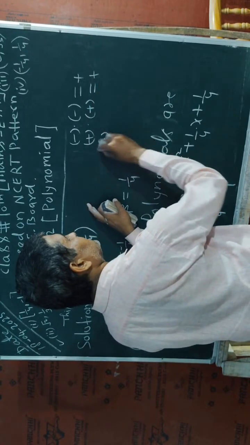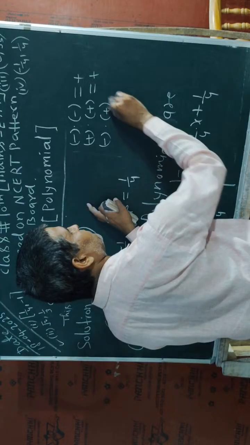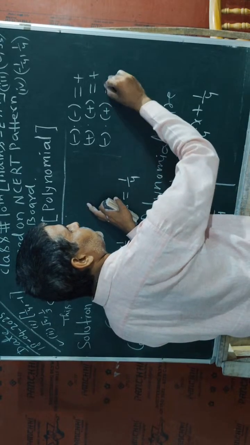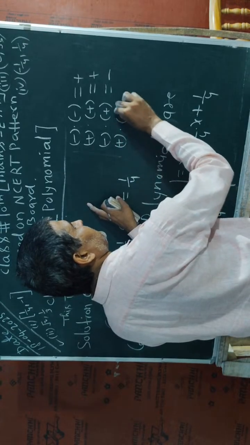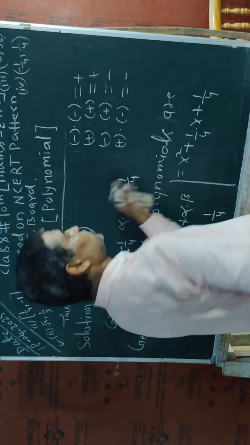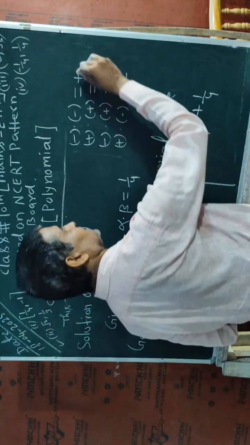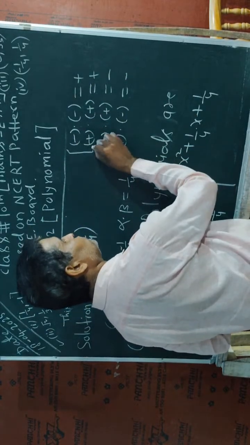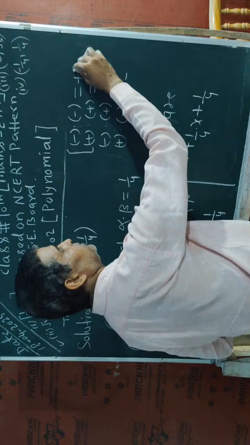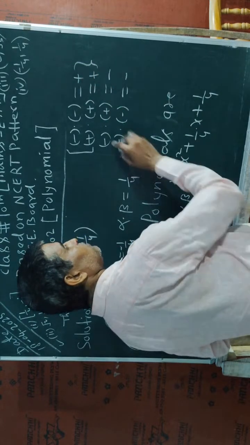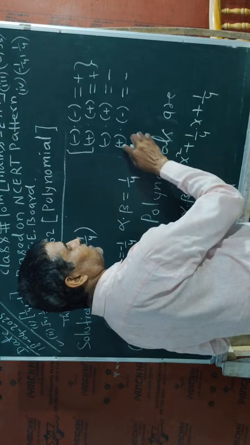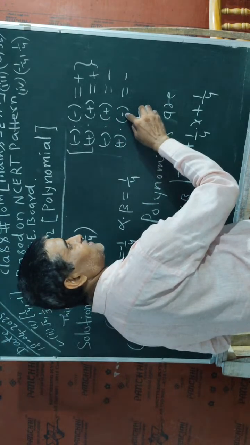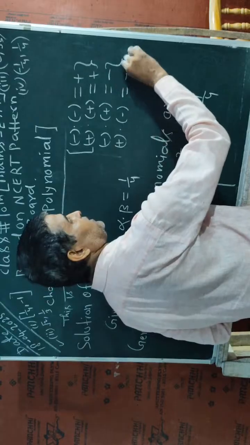But here, the multiplication of minus and plus will become minus, and the multiplication of plus and minus will become minus. Student, here you concentrate, because if two signs are the same, its value will be positive. But if one is plus and the other is minus, its multiplication will be negative.